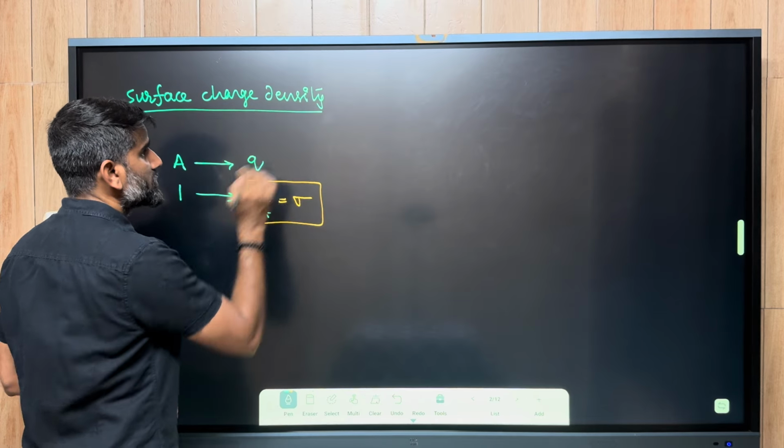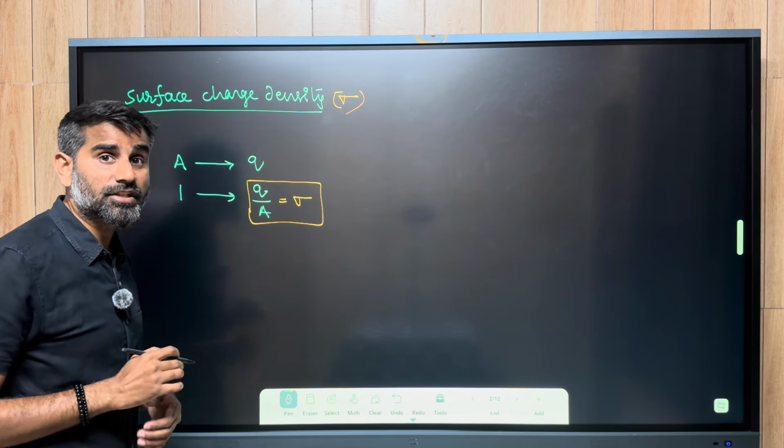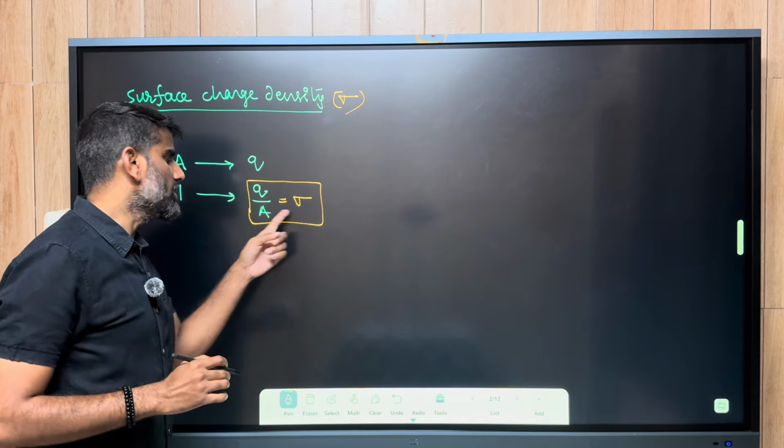I forgot to tell you, this surface charge density is usually denoted with sigma. Okay. Q by A.